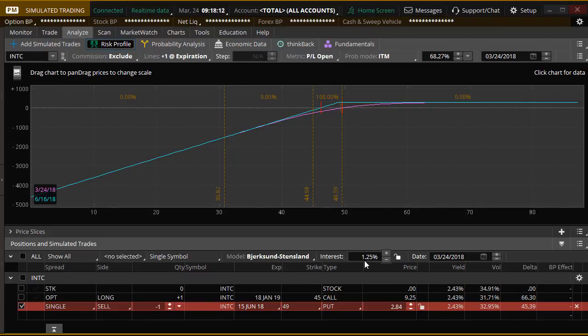Okay, all we've done in this trade is we've capped this position at the maximum that we collected on the trade. We collected 284. That's the most we can make. But understand, this has the same profile as that stock trade, because if it goes down, that's where we achieve our maximum loss, if it goes to 0.